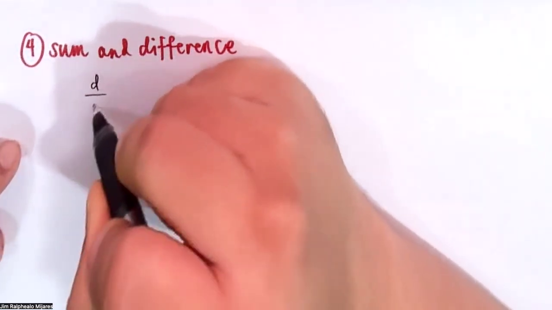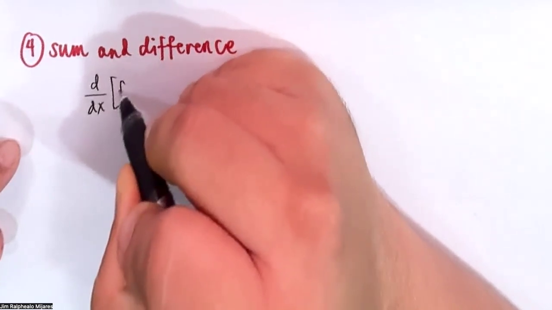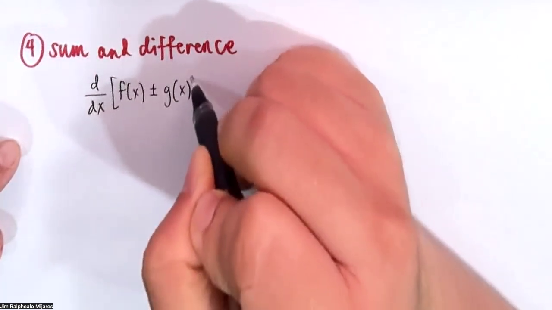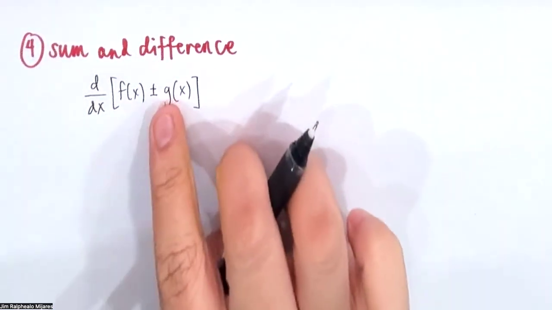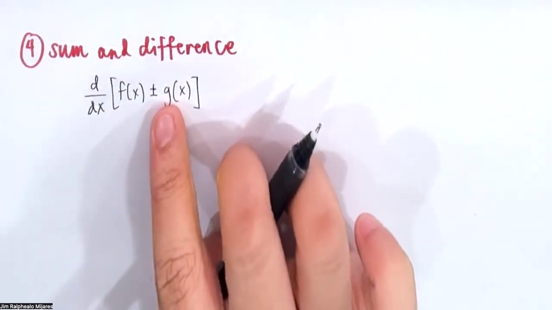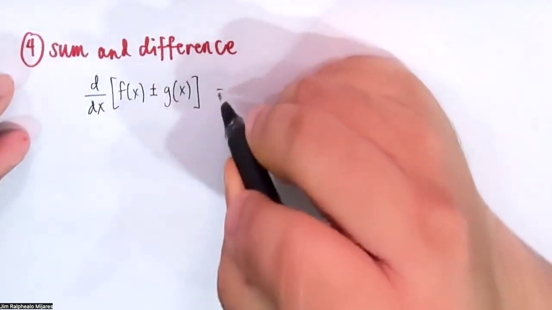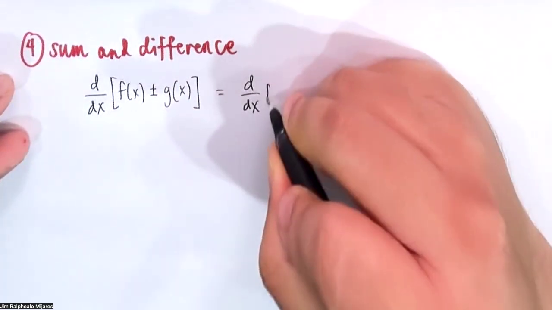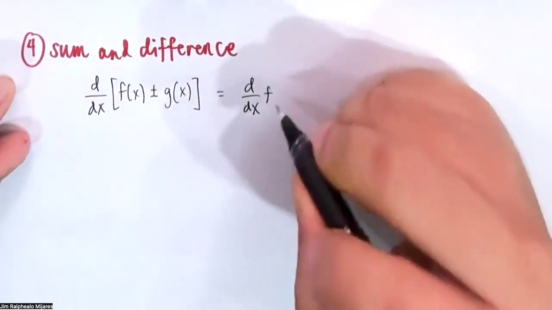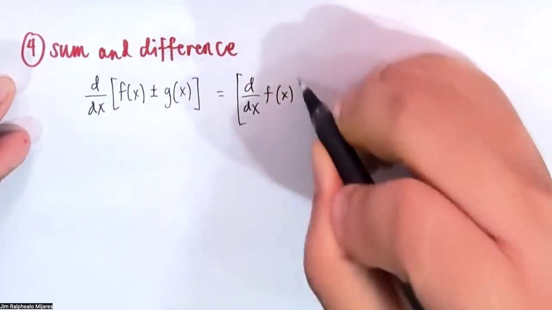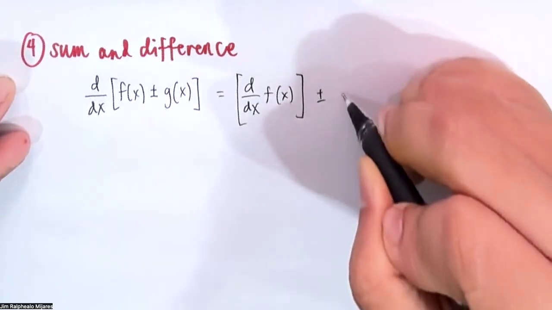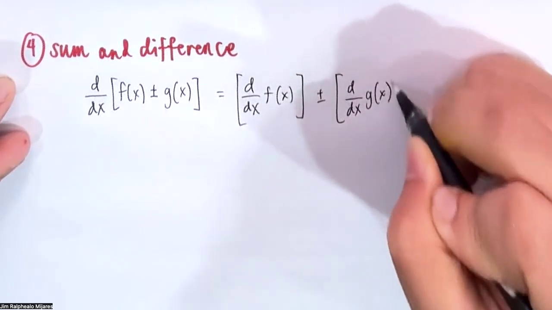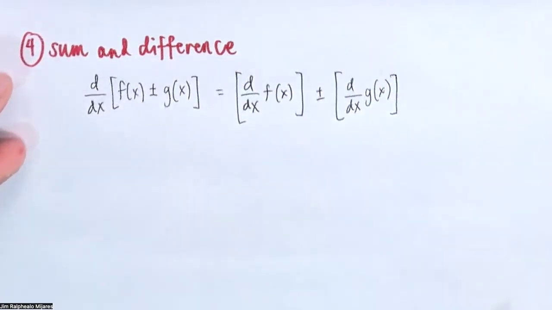It will be that the derivative of a sum or a difference, so this is a plus minus sign, so it's either a plus or a minus, is equal to the sum. So the derivative of a sum is equal to the sum of their derivatives. Okay?